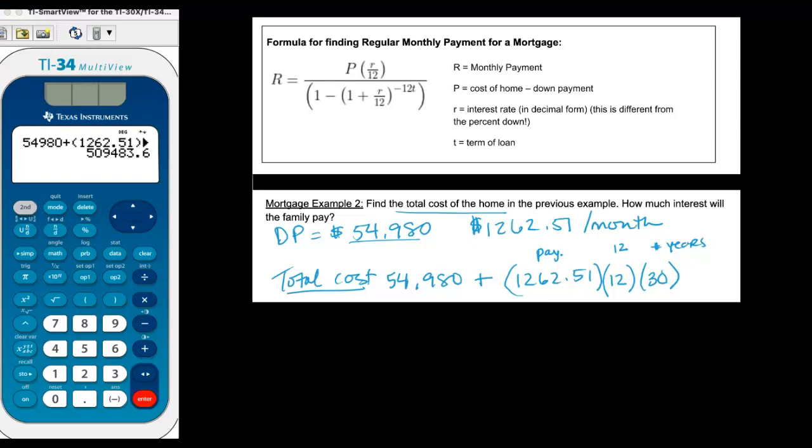And so I get a grand total of 50,900, or I'm sorry, not 50,000, 509. Let me write down all the digits and then I'll figure out those commas. So I was going to say 50,000, that'd be a good deal. So $509,483.60 paid for this home.